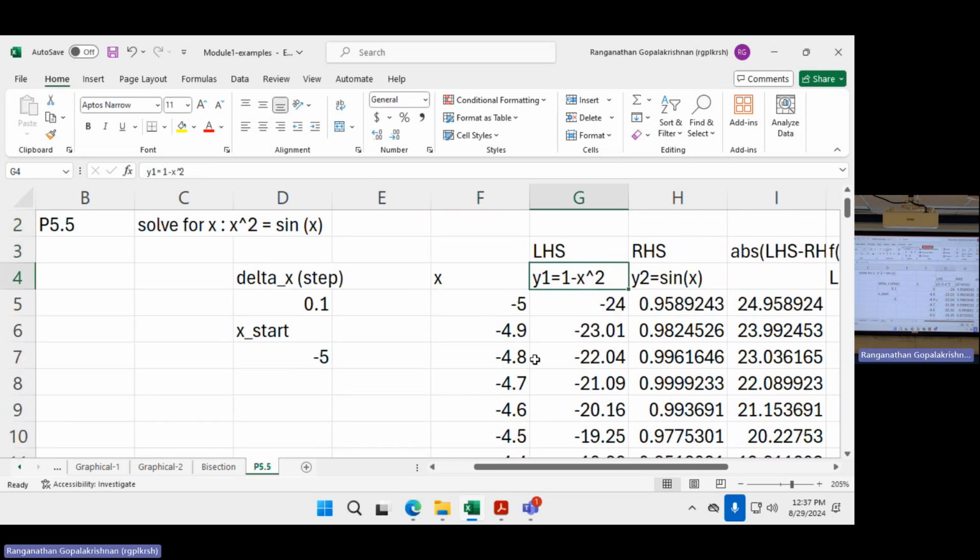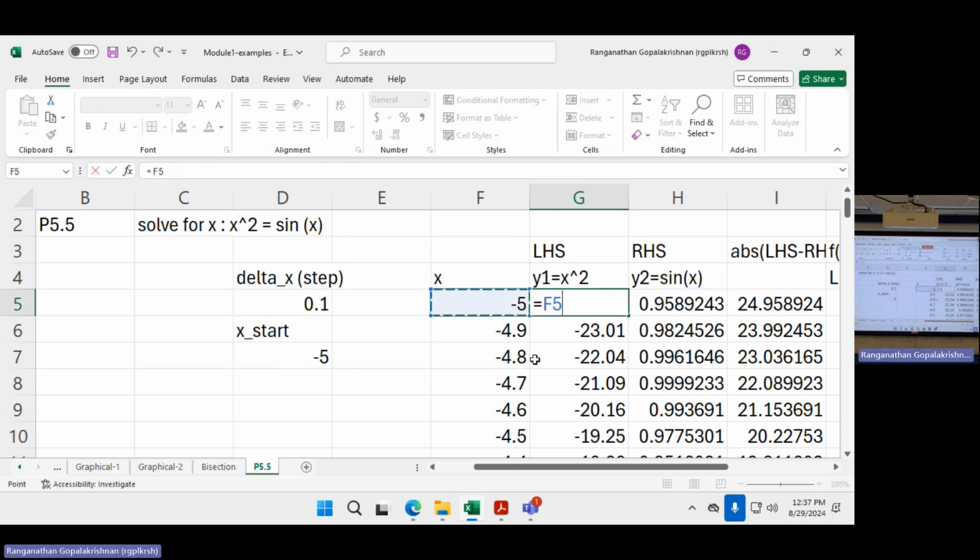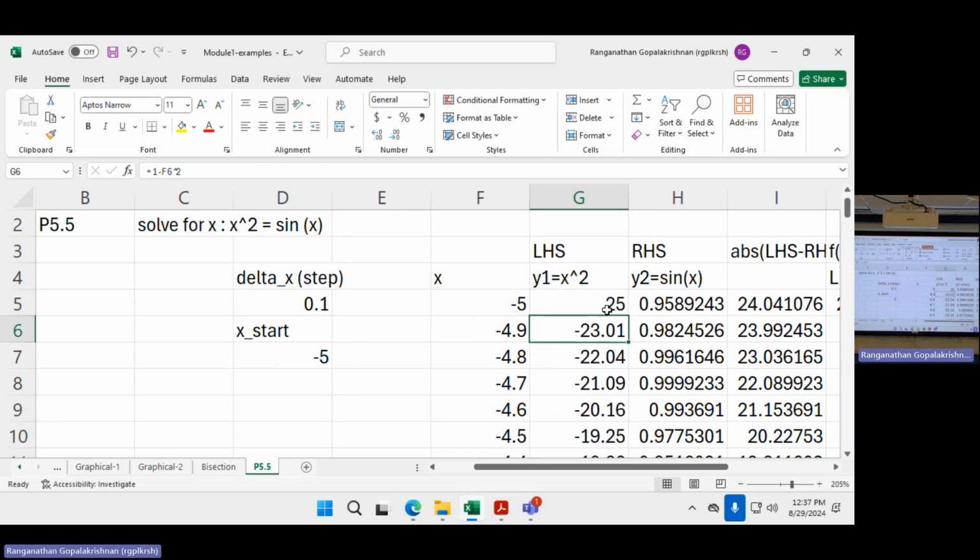So you selected your interval, you generated the x values. We have to modify this. This is no longer 1 minus x squared. This is x squared. Y1 equal to x squared, which is x raised to the power 2, and I drag it down.